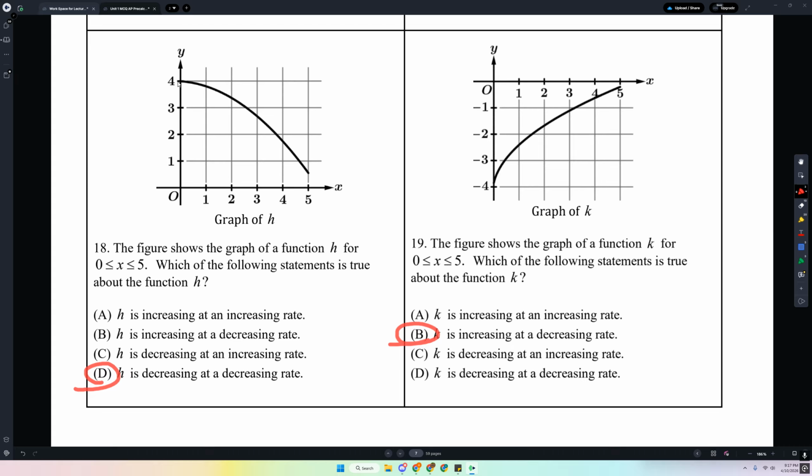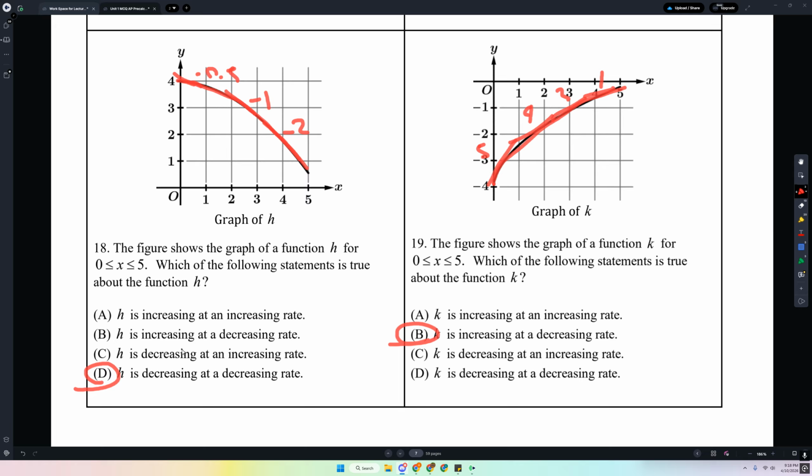And 18 is D because the function is decreasing and it's getting negative faster. It's going like -0.5 to -1 to -2 or -3 and so on. And this is increasing at a decreasing rate because the function is increasing, but our slope goes from like 5 to 4 to 3 to 1 and so on.